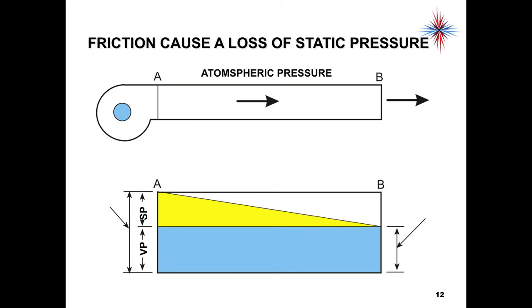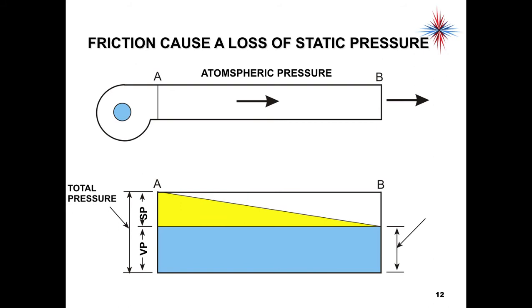So let's take the ductwork from A to B. If you look at the chart here, my velocity pressure is the blue at the bottom. As long as the air retains the same velocity, in other words speed, as it moves through the ductwork, my velocity pressure is going to stay the same.